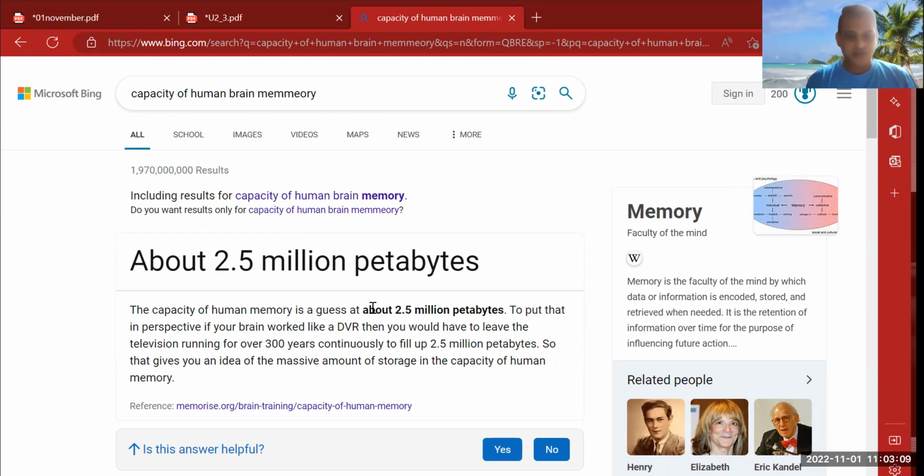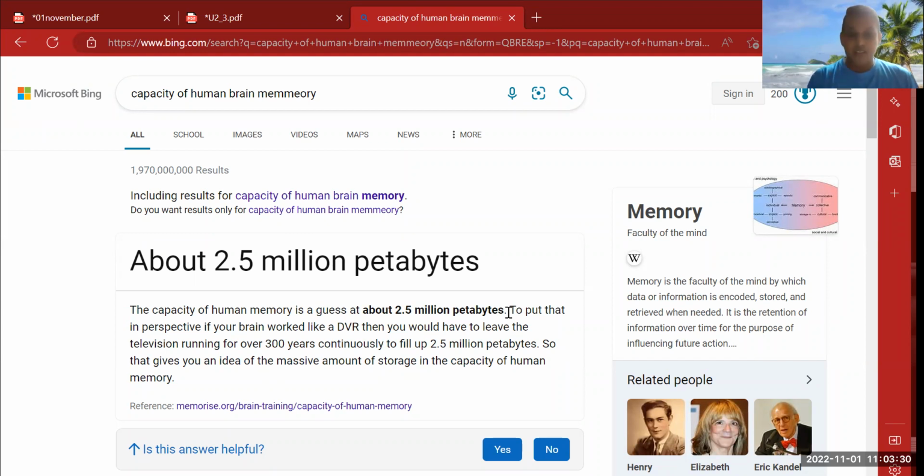To put that in perspective, if your brain worked like a DVD, you would have to leave the television running for 300 years continuously to fill 2.5 million petabytes.